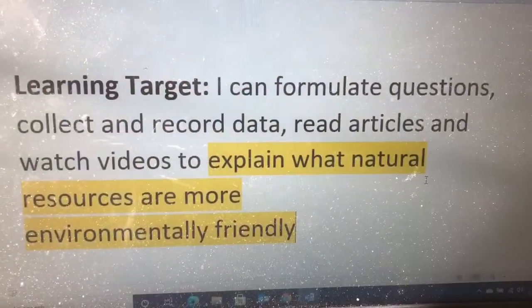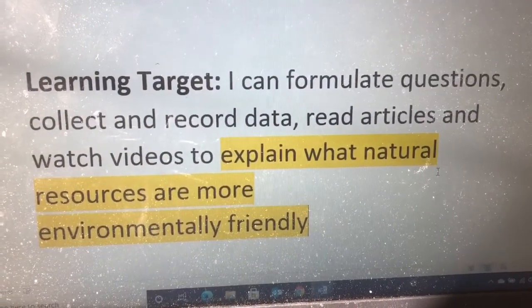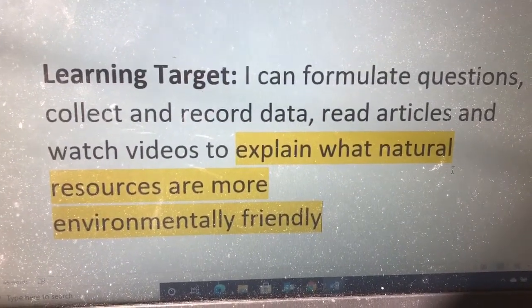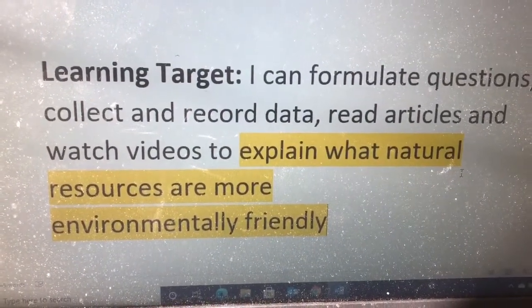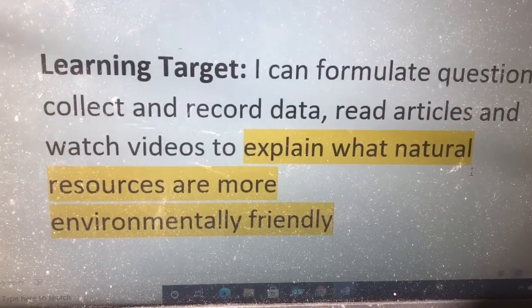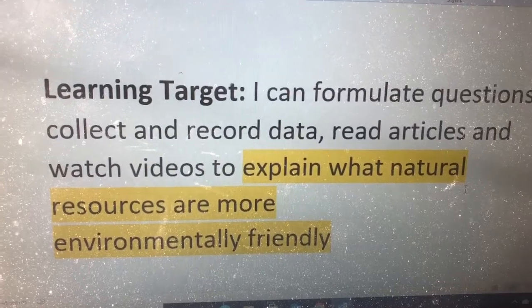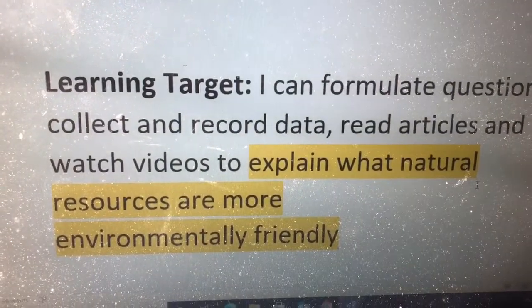So back to our learning target. So you could formulate questions, collect and record data, read articles, and watch videos to explain what? To explain what natural resources are more environmentally friendly. Okay? So now we know, right?